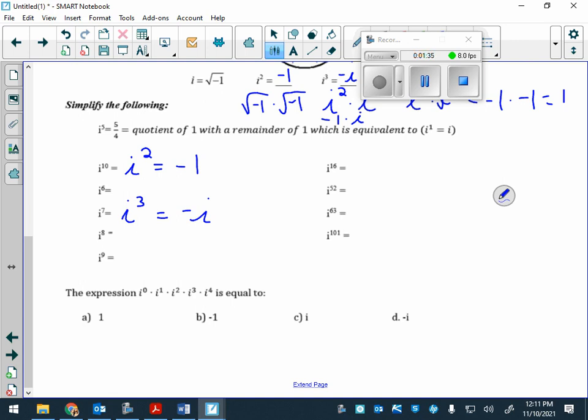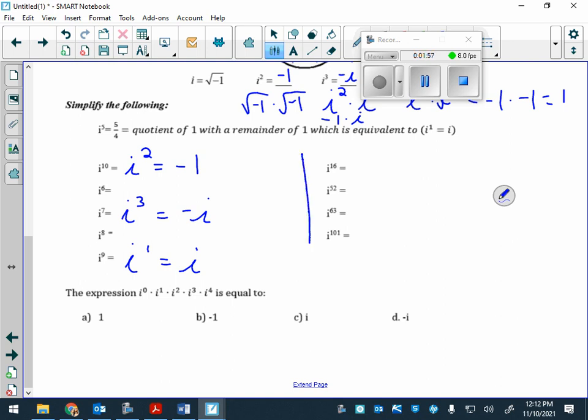Nothing changes. How about 4 goes into 9? How many times? Twice. How many are left over? Once. So i to the 9th is equivalent to i to the 1st, which is i. Okay? So it's always going to be one of those 4. Always one of those 4.